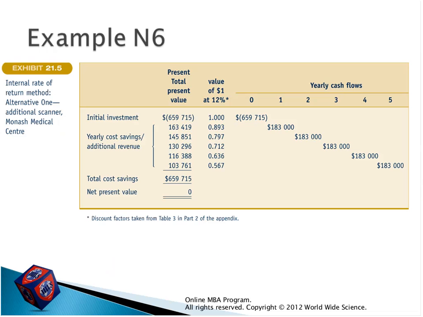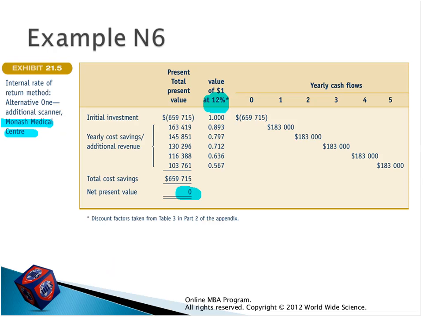Let's move on. Here is example number 6, which is still based on the Monarch Medical Center. So we did find the return rates of these projects. Based on this example, our net present value is equal to 0, where we found that the present value of this project will be 0 at the 12% discount rate.